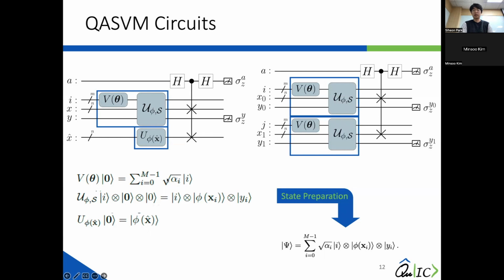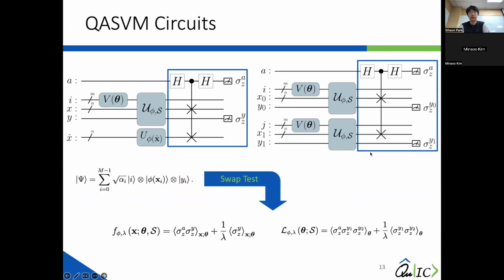So using this kind of quantum architecture, after this preparation stage, we have the quantum state like this. Okay. So we use a swap test to get these two functions.